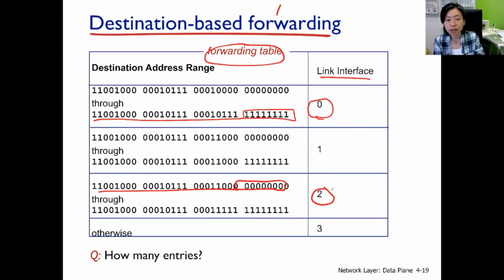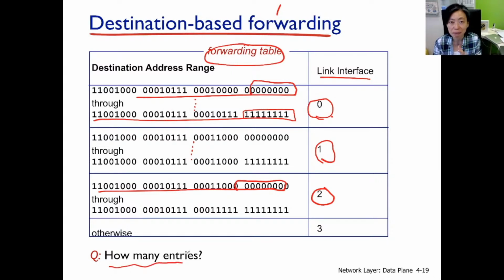What happens inside this forwarding table is, if you think about it, there are so many possible destinations on the internet. And for each destination, there needs to be an entry, isn't it? So this is this particular destination's output interface being 0. So in fact, in a forwarding table, you should be seeing for each possible IP address what the output link interface is. But the thing is this: how many possible destinations can there be?